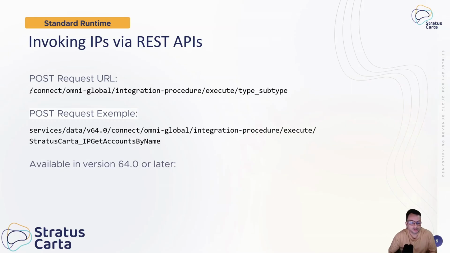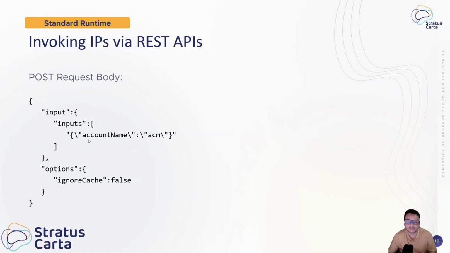Of course, we also need to pass the URL from our org. Here, for example, is the service data version. Again, it should be version 64 or later. Then connect/omni/global/integration-procedure/execute, with the type and subtype from our integration procedure. We'll see this better in the demo.